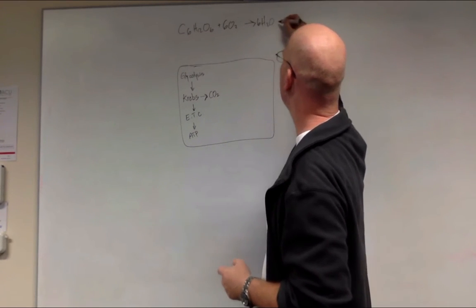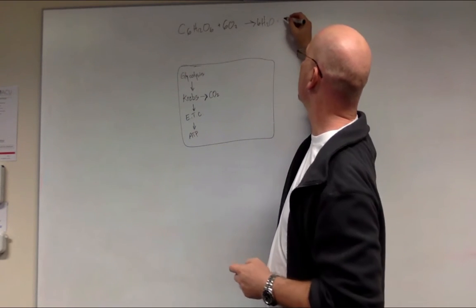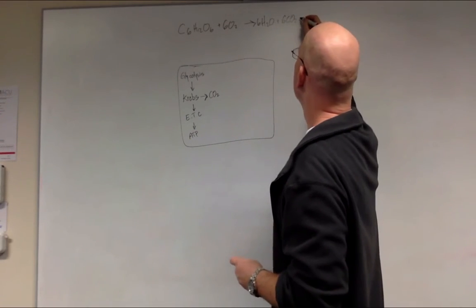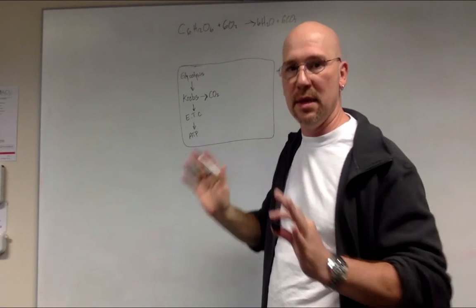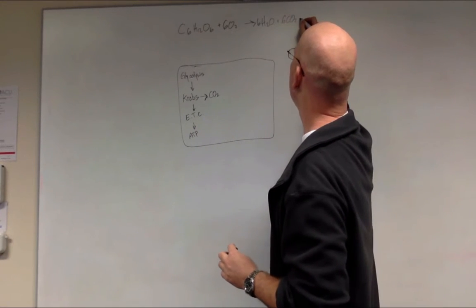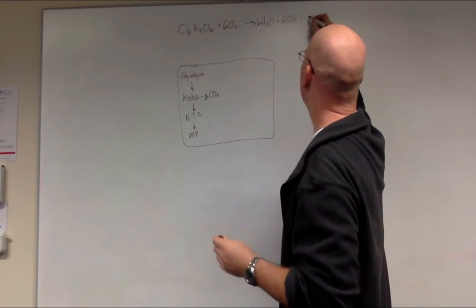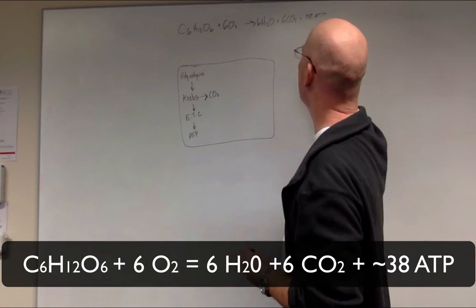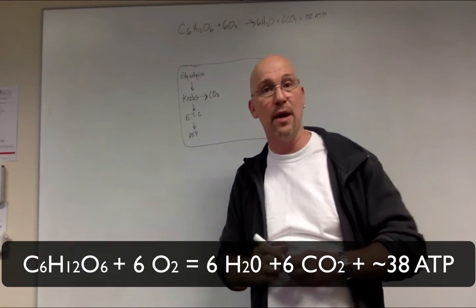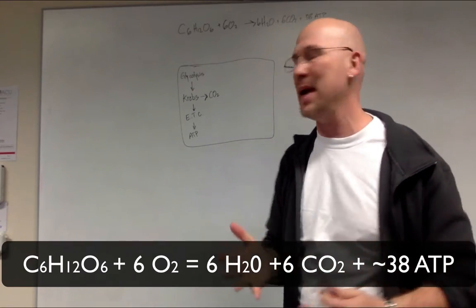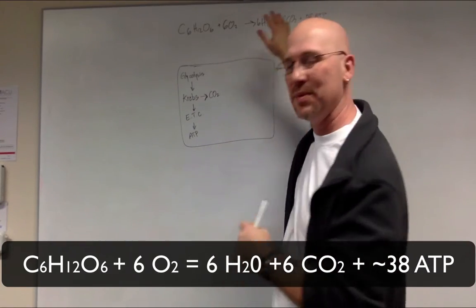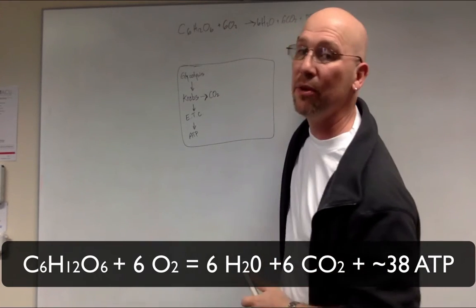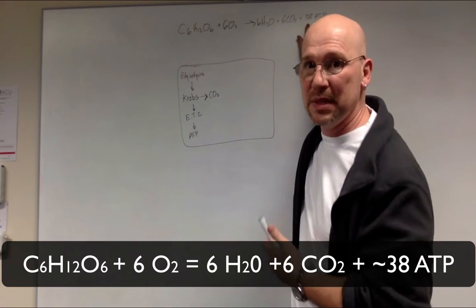So I actually get 6 waters coming out. We also get 6 carbon dioxides coming out, and in an ideal sort of equation, we get roughly 36 to 38, let's just say 38, new adenosine triphosphate recyclable batteries recharged. It all kind of depends, and we still don't entirely know how this works, but this is the rough idea. So some books will say 38 ATP, some will say 36.